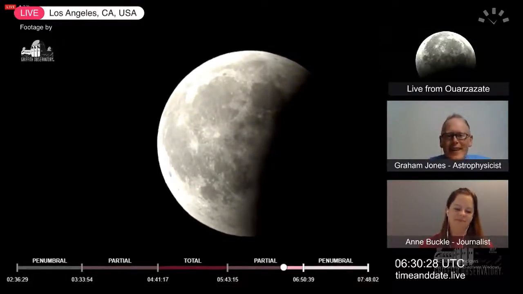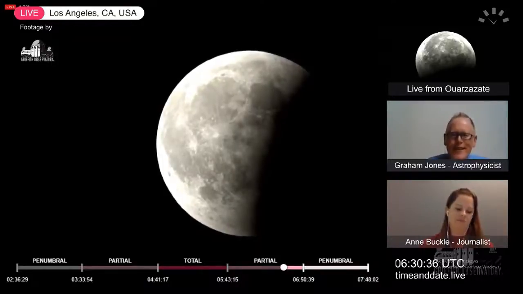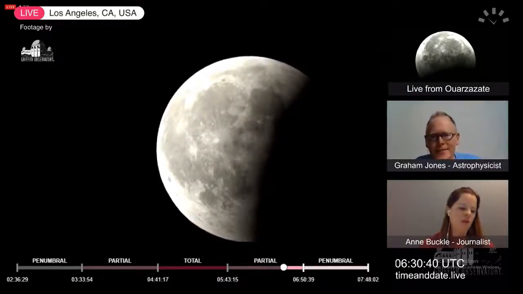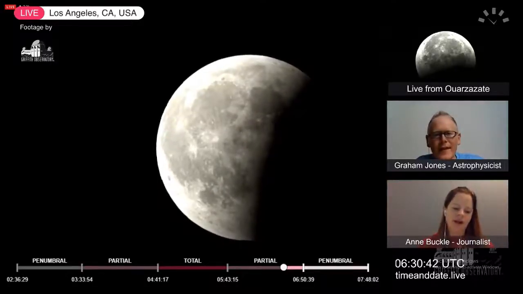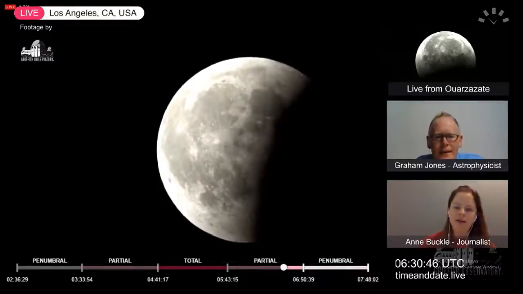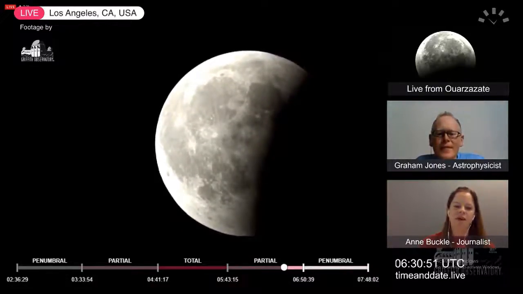It's all thanks to the Earth's atmosphere. It's filtering the sunlight. It's bending the sunlight. That's where the red color of the moon is coming from during totality. So Michael's question, which is, how does the light from the sun go around the Earth to hit the moon and create a red light, is basically because the light is bent by the atmosphere, and then.